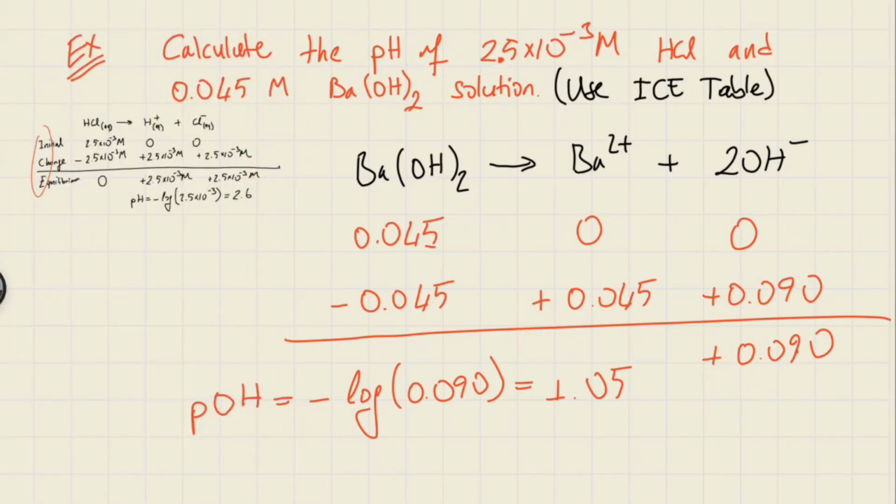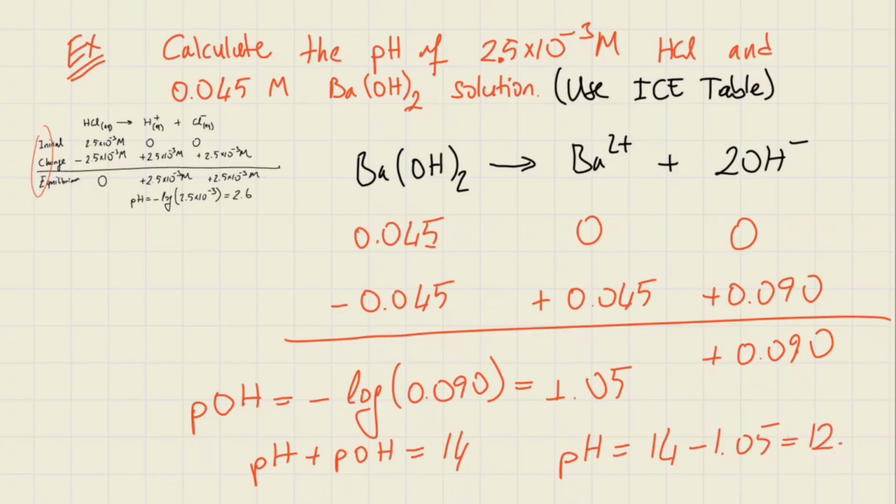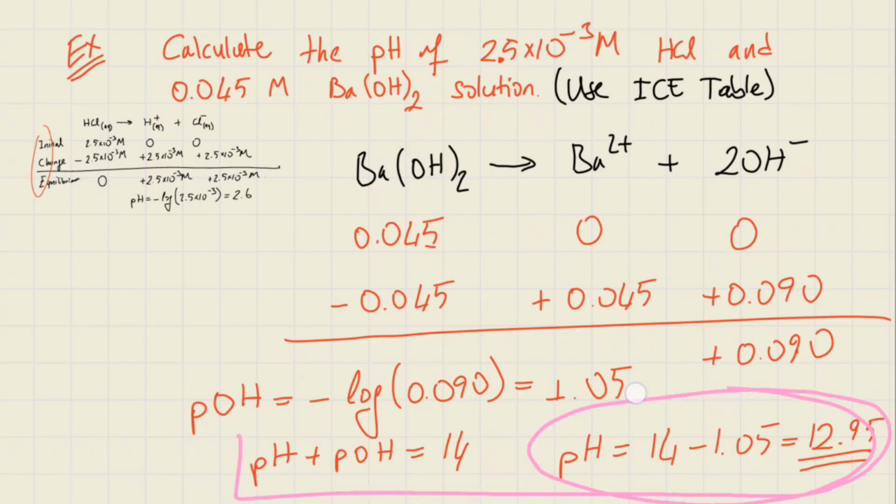And you know that pH plus pOH is equal to 14. In this case, pH becomes 14 minus 1.05, and it is equal to 12.95. And this is the pH of the base solution.